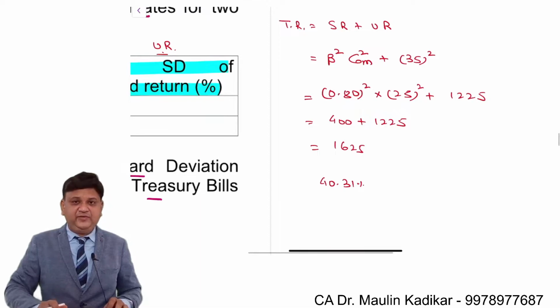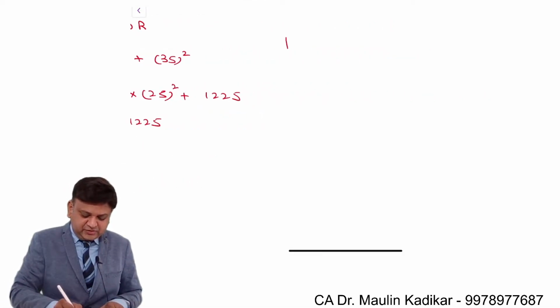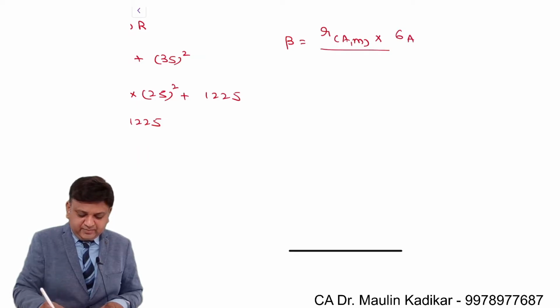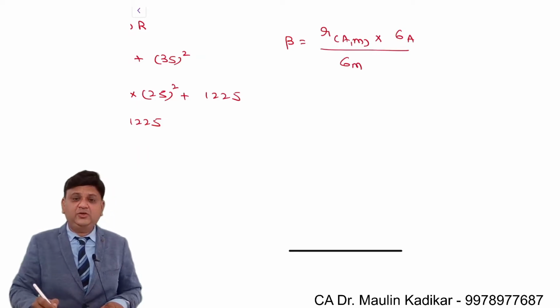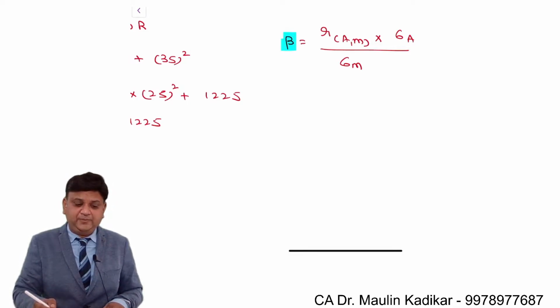Friends, over here you can definitely understand that for calculation of the standard deviation of security A, we cannot use this formula: beta is equal to R between A and M into standard deviation of A upon standard deviation of M. We cannot use this formula. Why? Because we have the beta information, 0.8.